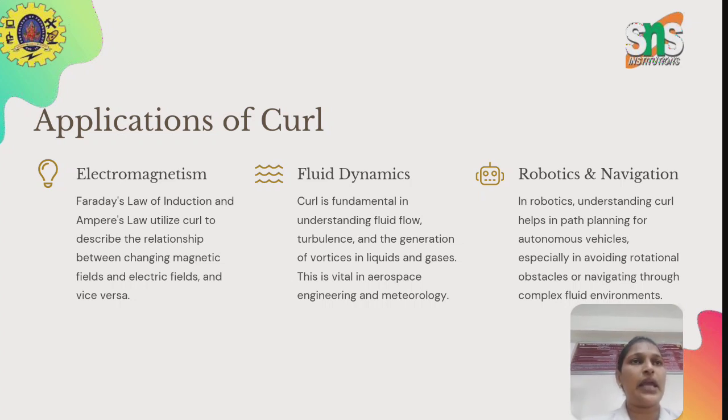Mathematically, this curl can be given as del cross the field. For example, let us assume the vector field as A. Any vector field, it can be electric field or any vector.